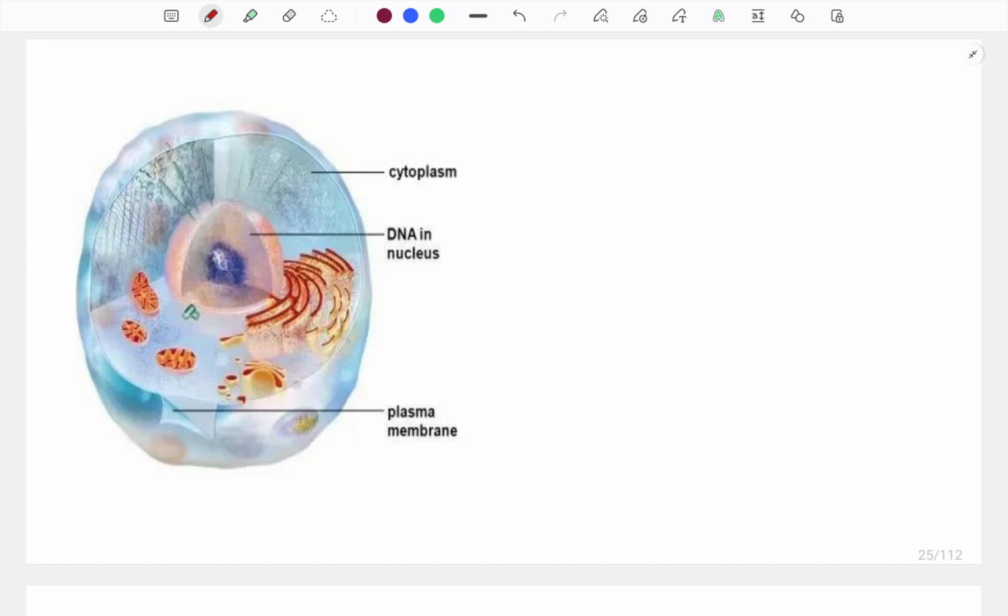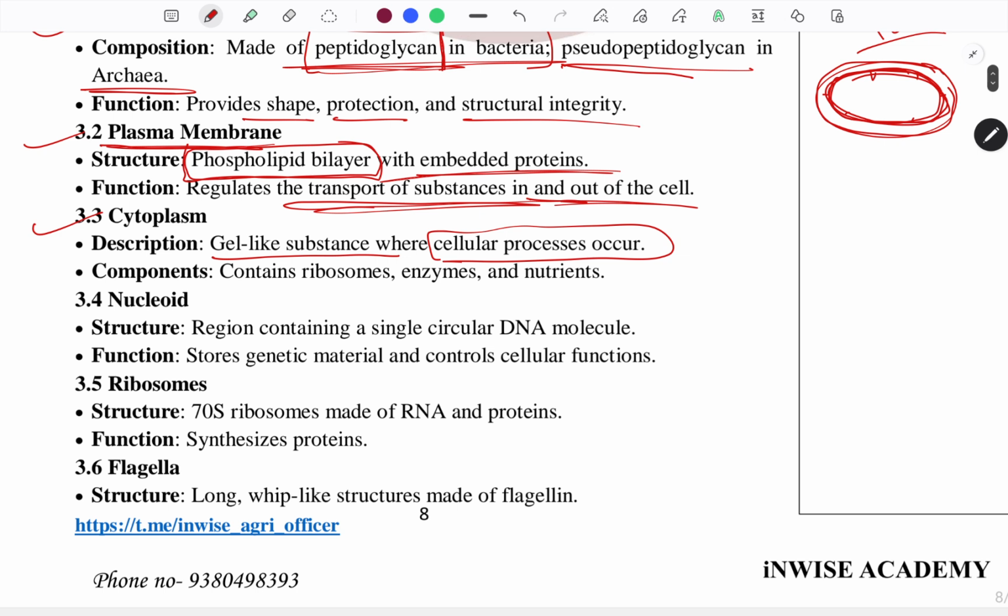Cytoplasm is a gel-like substance present inside the membrane. In that cytoplasm, many organelles, a nucleus or genetic material are embedded. So inside those two membranes, there is a cytoplasm, a gel-like substance where cellular processes can occur. That is what we saw now.